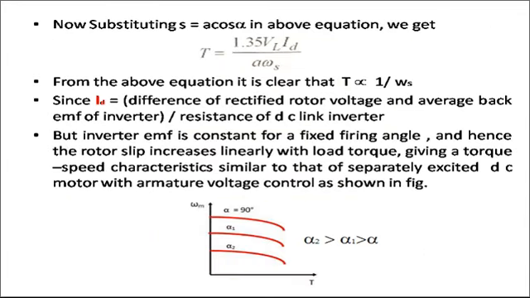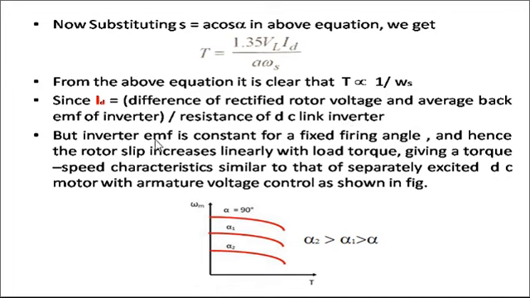Now if we substitute the value of S, that S equal to A cos alpha, in the above equation, we get T is equal to 1.35 VL ID upon A into cos alpha omega s. From this equation we can clearly see that the torque is inversely proportional to omega s, and we also know that the current ID is the difference of rectified rotor voltage and the average back EMF of the inverter divided by the resistance of the DC link inverter.